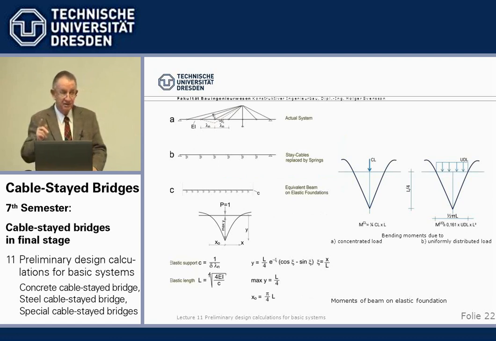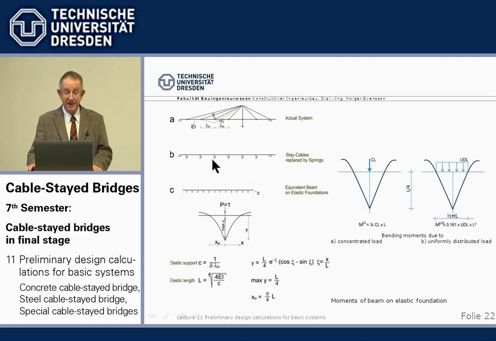The live load, we use another approximation. We say, okay, we have here our actual system, which is equivalent for the beam moments to a beam on steel springs with the same elasticity as the stay cables.